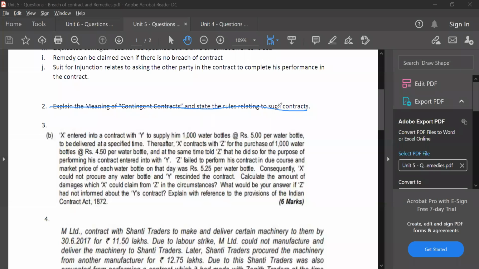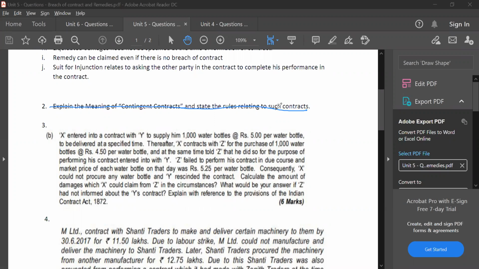X entered into a contract with Y to supply him 1,000 water bottles at 5 rupees per water bottle to be delivered at a specified time. Thereafter, X contracted with Z for the purchase of 1,000 water bottles at 4.5 per water bottle. At the same time, he told Z that he did so for the purpose of performing his contract entered into with Y. Z failed to perform his contract in due course and the market price of each water bottle on the day was 5.25 per water bottle.